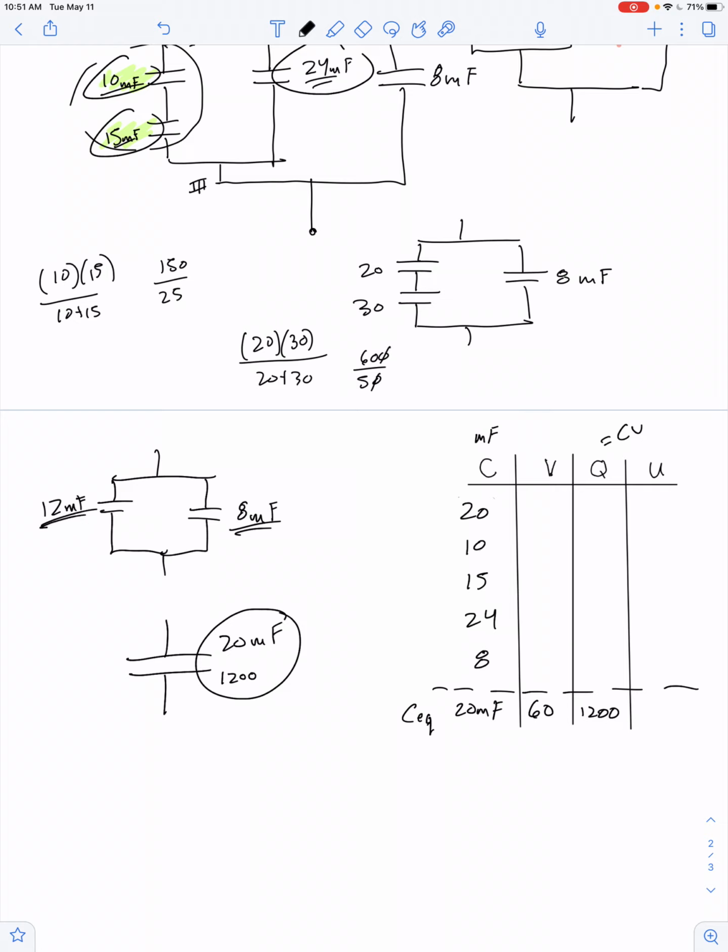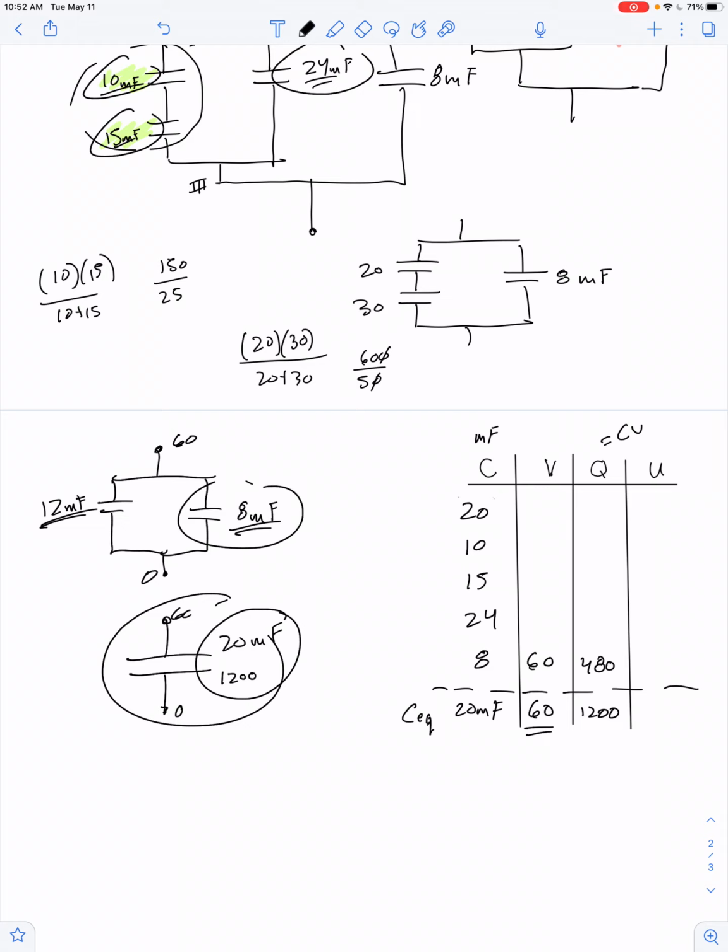And the electric potential here goes from 60 to 0, right? So not only is there 60 volts across the whole equivalent value, but that 60 volts is the voltage across the 8 millifarad capacitor alone. So this must have 480.